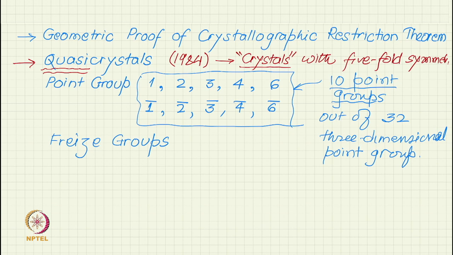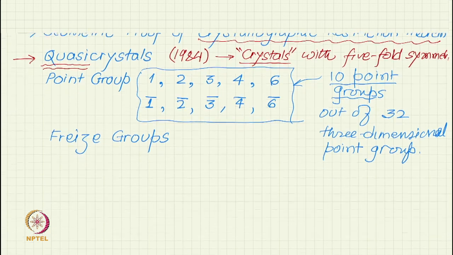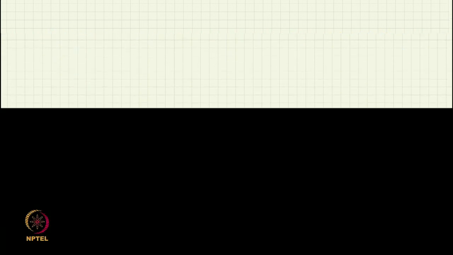So, they are not true crystals, and if they are not true crystals, then they are not restricted by this crystallographic restriction theorem. So, that is why they can have so called non-crystallographic symmetry like 5-fold axis or 10-fold axis, 7-fold axis and all.